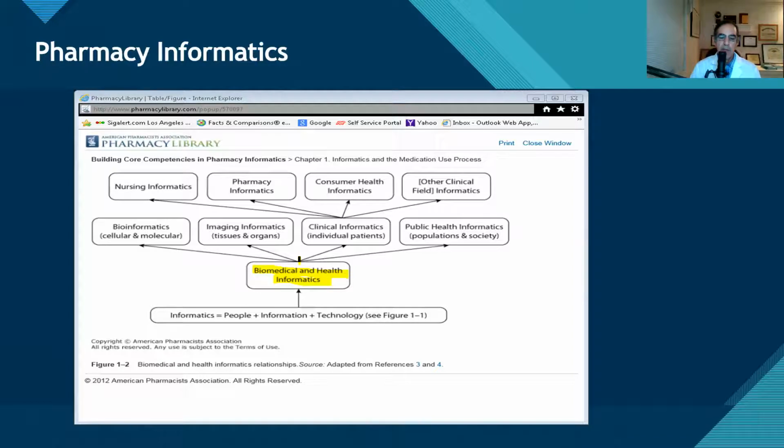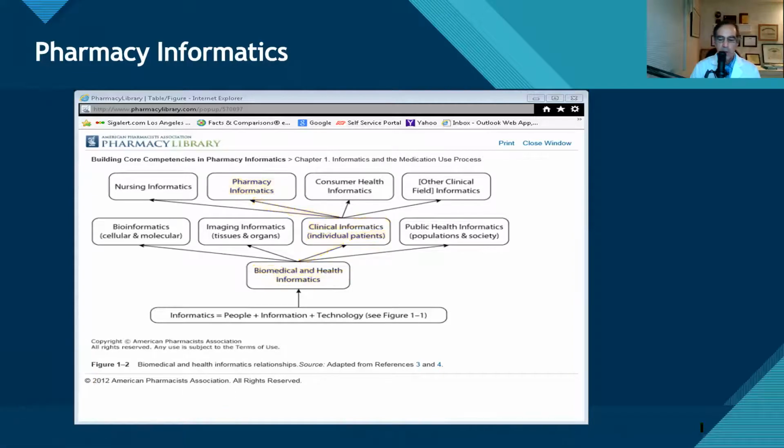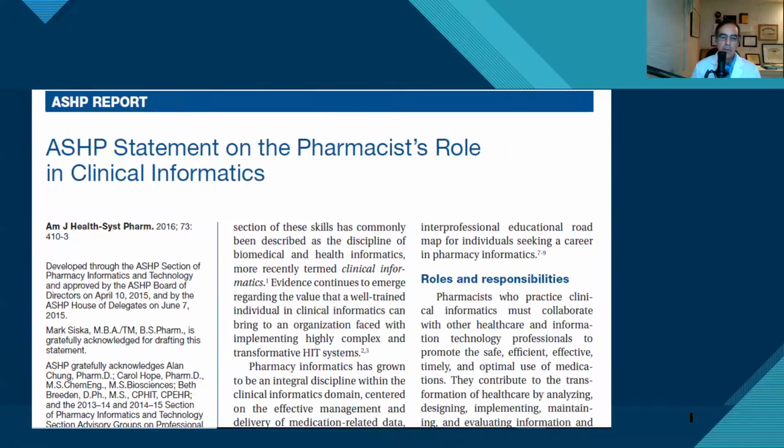Now you're going to see in the next statement, the focus was more on clinical informatics, where we talk about individual patients. And you see here under clinical informatics, we reach the role of pharmacy informatics. So this is where pharmacy informatics fits within medical informatics. Let's erase this ink and move on to the rest of the presentation.